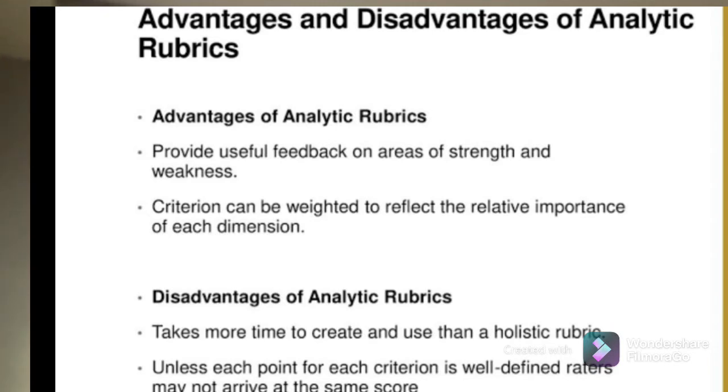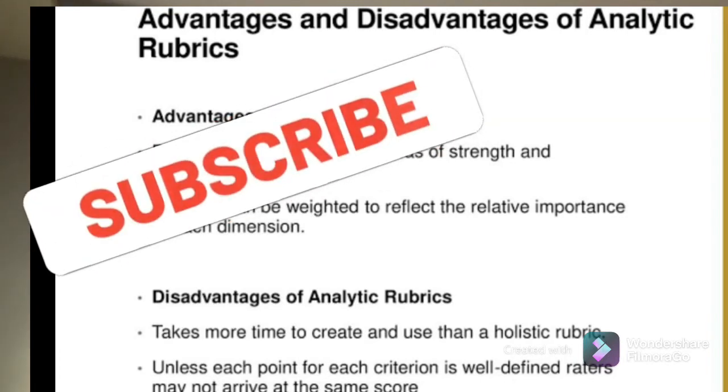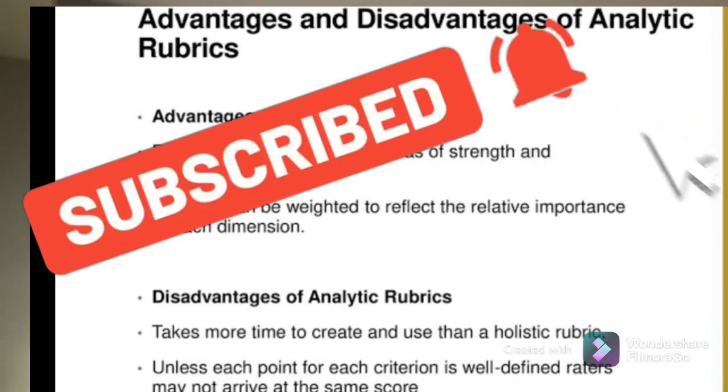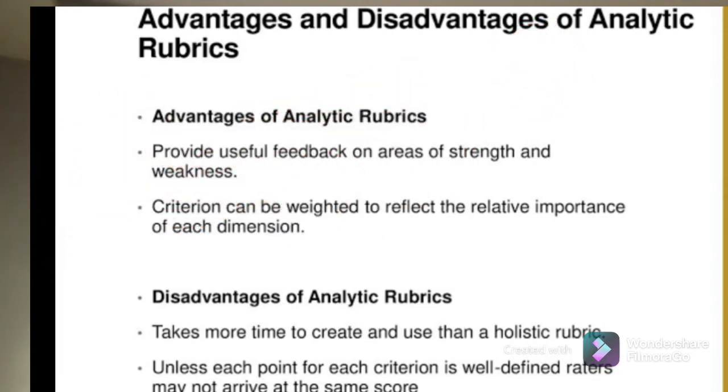And analytic rubrics are good for formative assessment. So when you are looking into the performance or the achievement of your students while you are developing a certain lesson, a big concept, then it's good to use analytic rubrics for formative assessment.